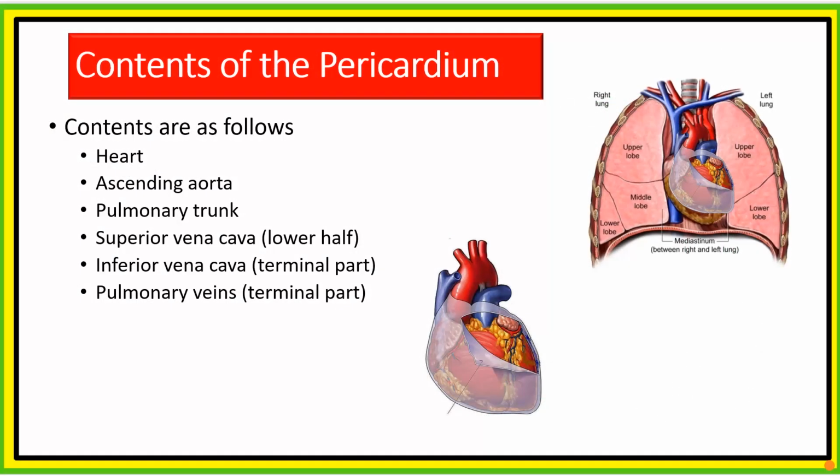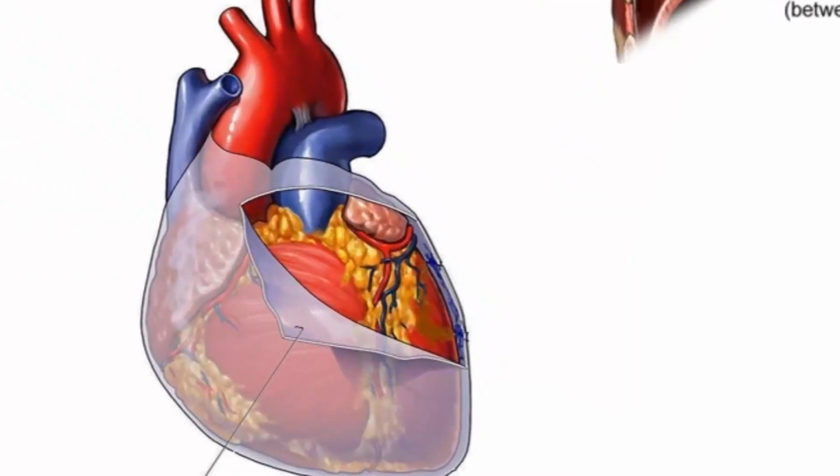We'll look at the contents of the pericardium. As we noted earlier in the lecture, we saw the heart, which is the major content, and then the rest here are those structures that are emanating from the heart. And what are those structures? We talked about here is the pericardium, and then here is the pulmonary trunk, here is the ascending aorta, and here is the superior vena cava.